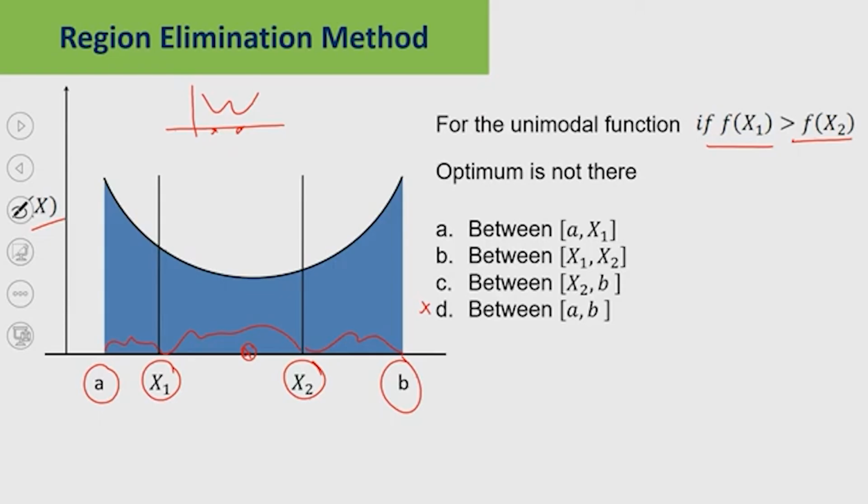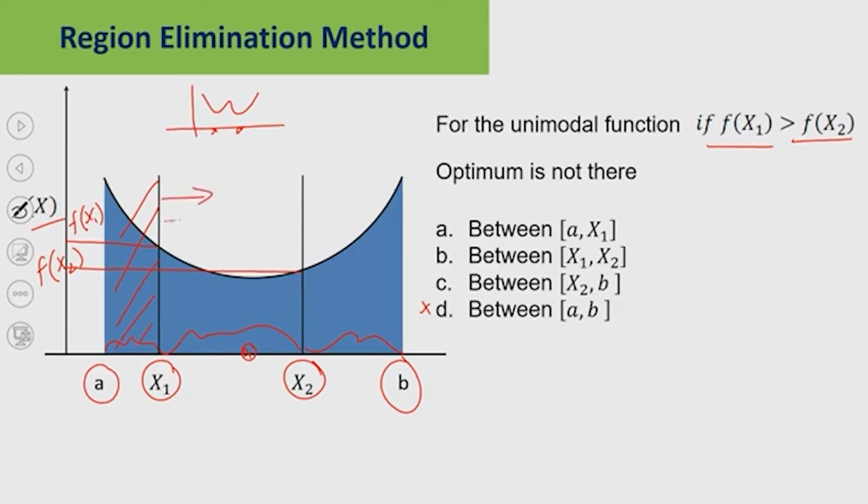Now, this is a unimodal function, this particular point is f(x1) and this point is f(x2). As f(x1) is greater than f(x2), that means optima is not there in this particular region.